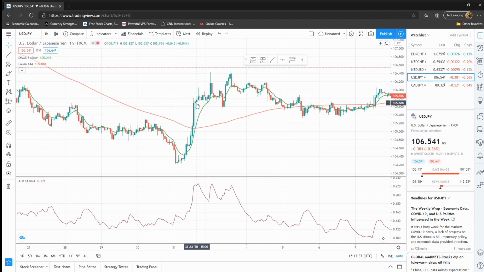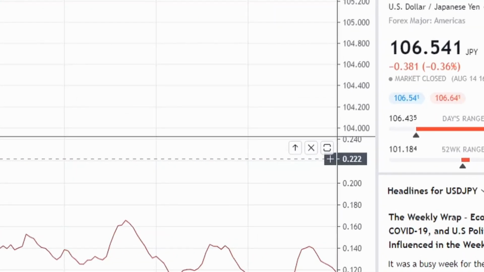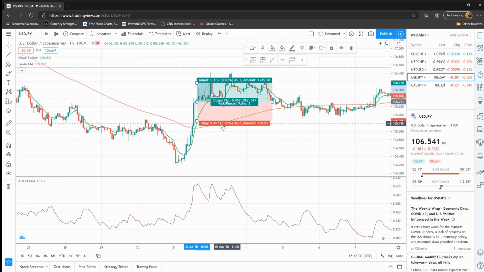For this one, we are buying a position over here, and we check the average true range on the exact same candle. So in here it shows that 22.2 pips you should put in as your take profit. And now we will go for the buy trade. I just put it in at the opening price, and we set the take profit target to the 22.2 pips.